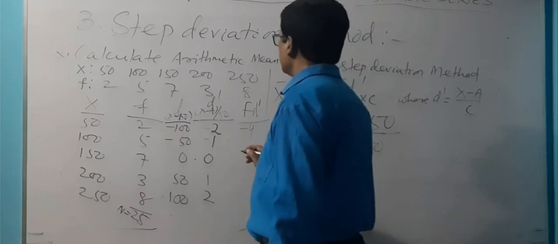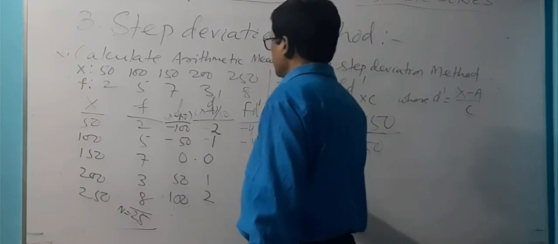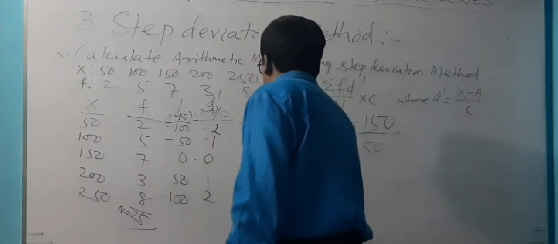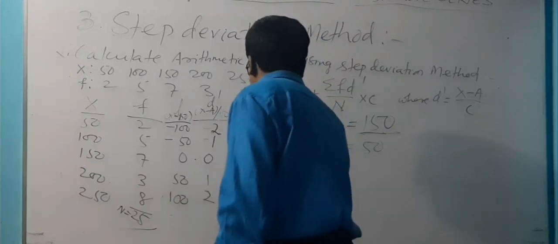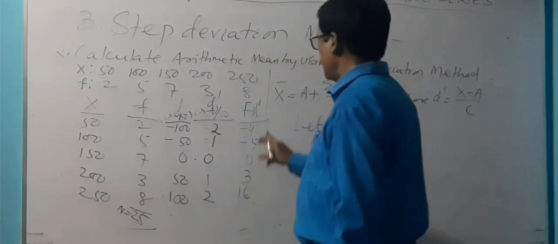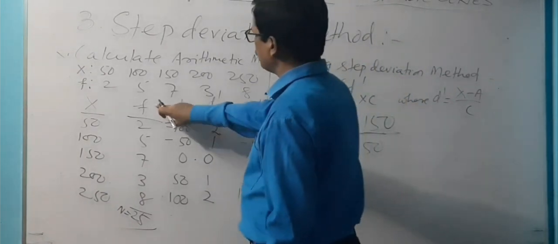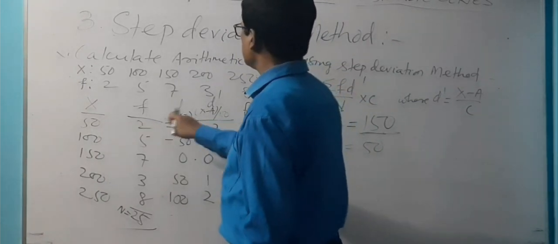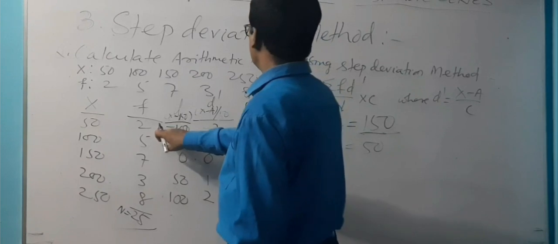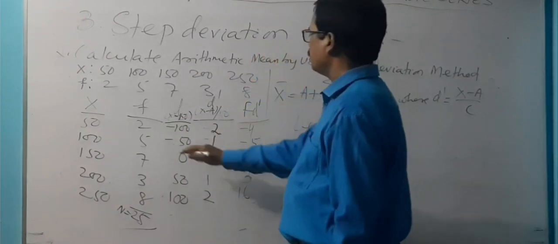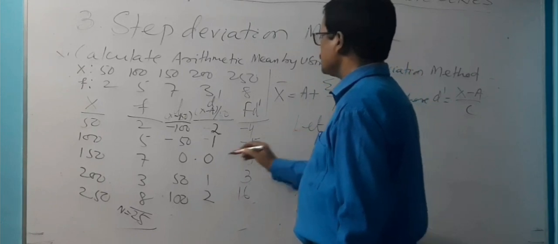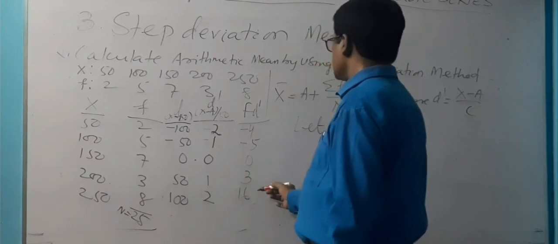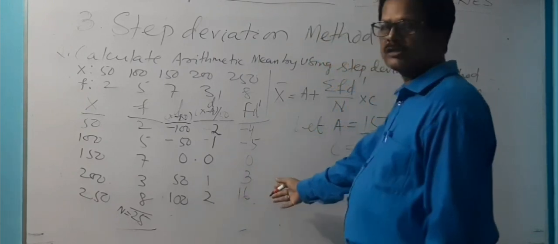Multiply each row of f into d dash. 2 into minus 2, that is minus 4. 5 into minus 1, that is minus 5. 7 into 0, that is 0. 3 into 1, that is 3, and 8 into 2, that is 16. Okay? These are the values of f d dash.